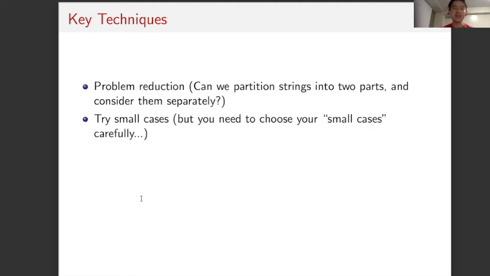But here it's tricky to find such a small case, and I will talk about what the actual small case is. And the final thing is you want to do induction. Induction is useful, but also on the right quantity. There are many things that you can induct on, and a lot of the induction approaches would fail. So that's another thing that makes this problem interesting.